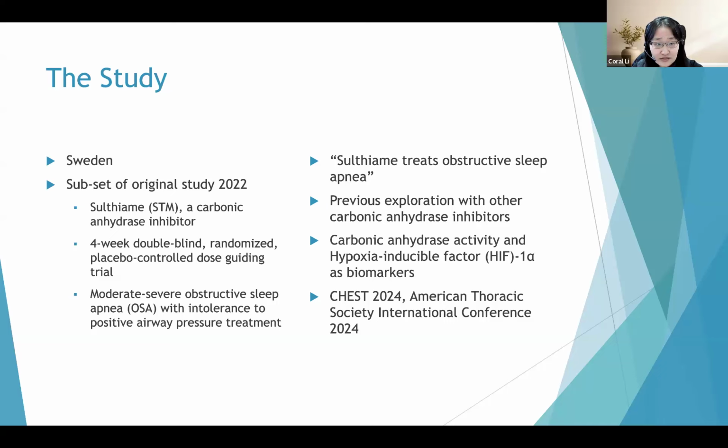The original study was a 4-week double-blind randomized trial, which also did a dose-based comparison with placebo, 200 milligrams, and 400 milligrams. Based on that study, they noted that cethiamine can treat obstructive sleep apnea. They collected a bunch of data from that, and from that original study, they then broke it down into other sets of studies to analyze.